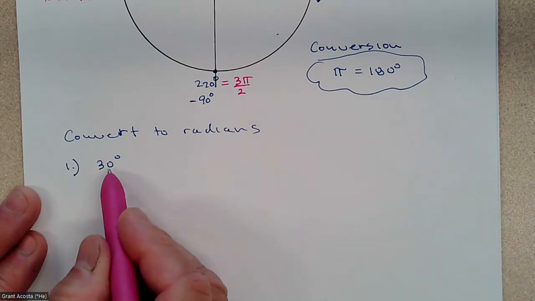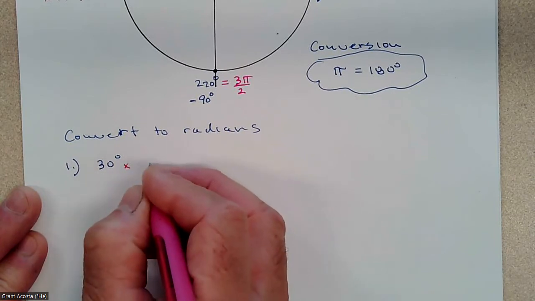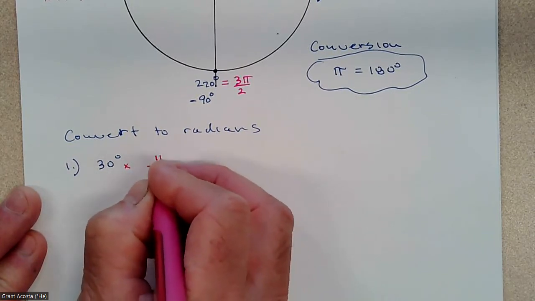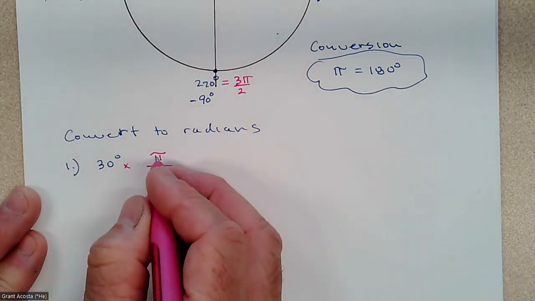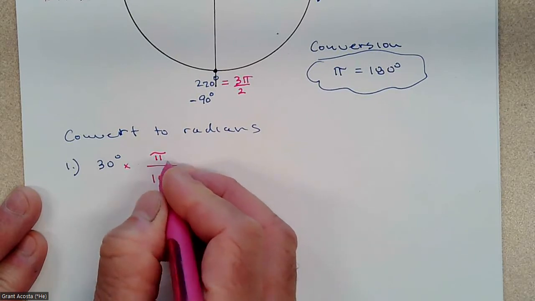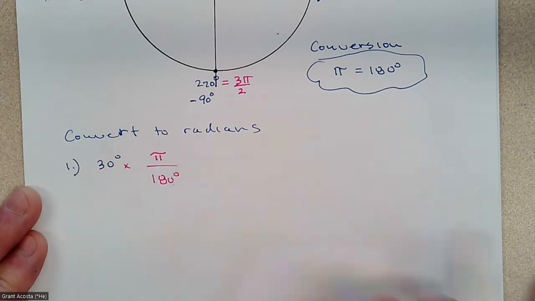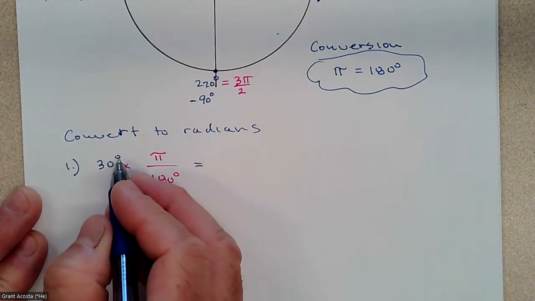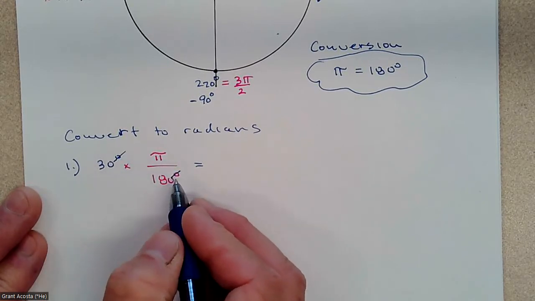What I can always do to convert that to radians is if this is my conversion, I can multiply this by a fancy form of 1. If pi is the same as 180 degrees, then if I multiply this by pi divided by 180 degrees, that's like 1, right? And multiplying top and bottom by the same thing, then we end up getting, and you can think of this if you've taken chemistry sort of unit conversion, the degrees kind of cancel out there.